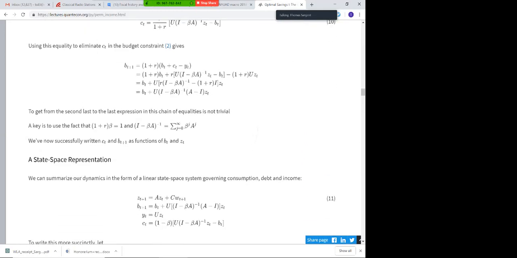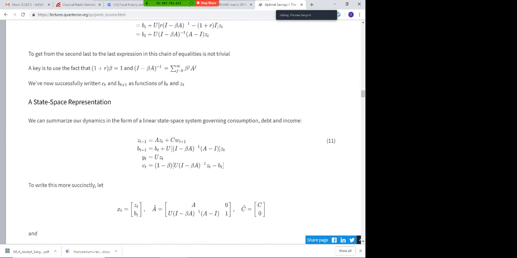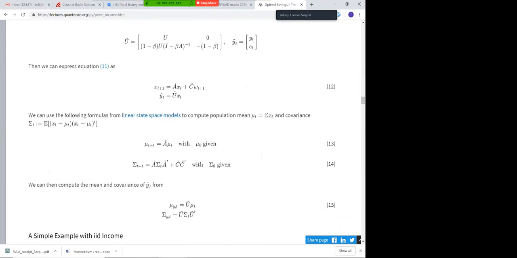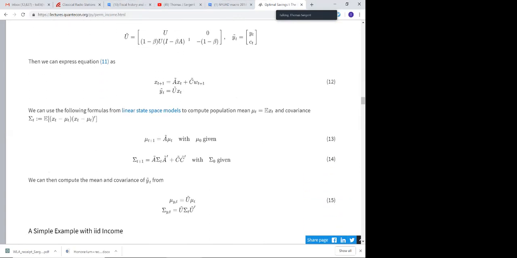And then we can do some more things with this. So once we do this, and I'm going to be talking about this in class, we can find formulas that tell us, since we have a stochastic process now, which is a probability distribution over a sequence, we can compute means, covariances, and various things for that sequence.